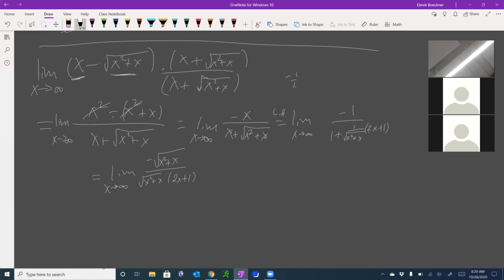I don't know why it says to use L'Hopital's rule, because that just gets messy. But the book says use L'Hopital's rule. The only place I could think of to use L'Hopital's rule is like right here.